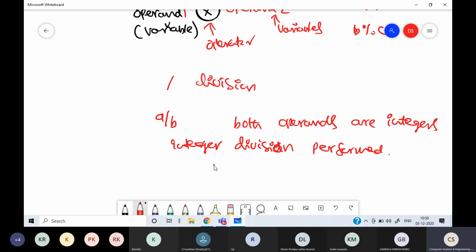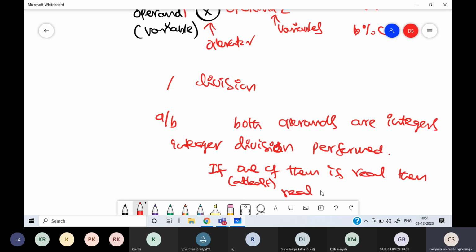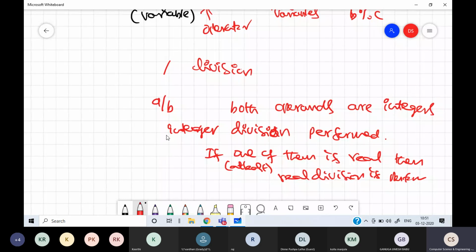If at least one of them is real, and both may be real or just one of them, then real division is performed. This is very important to note.